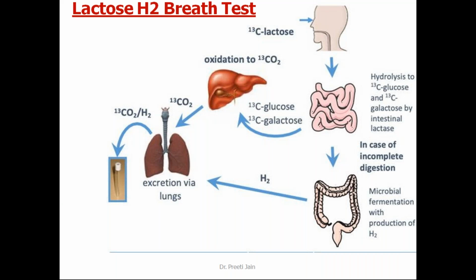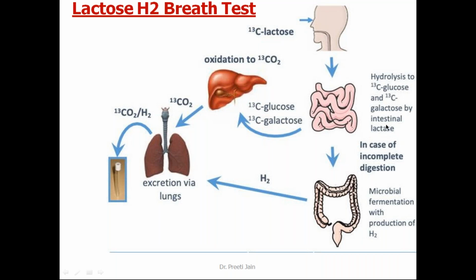Right, so what is basically the lactose hydrogen breath test? In this test, the lactose is ingested by the patient, and normally this lactose is going to be hydrolyzed into glucose and galactose by the brush border enzyme, that is lactase.